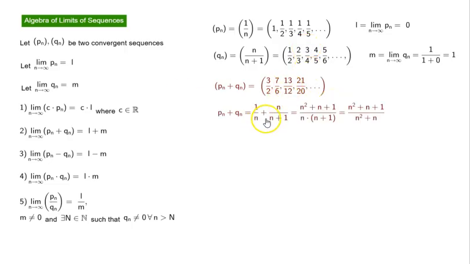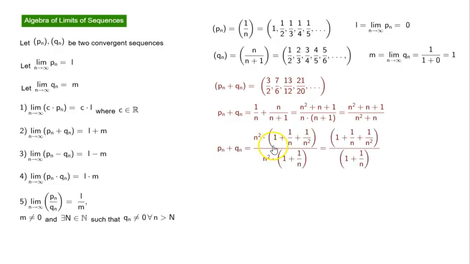Now let's add the nth term. So P sub n plus Q sub n is equal to 1 by n plus n by n plus 1. Combining these two, we get n square plus n plus 1 divided by n times n plus 1, which is equal to n square plus n plus 1 by n square plus n. Again, we follow the same trick that we used previously.